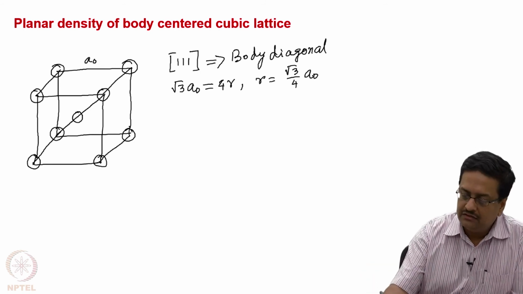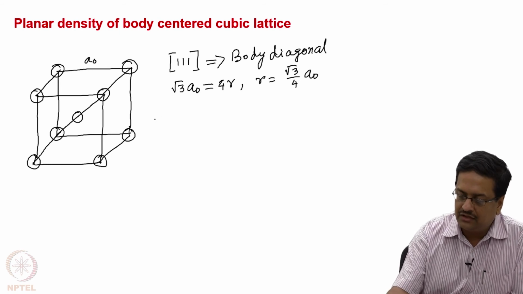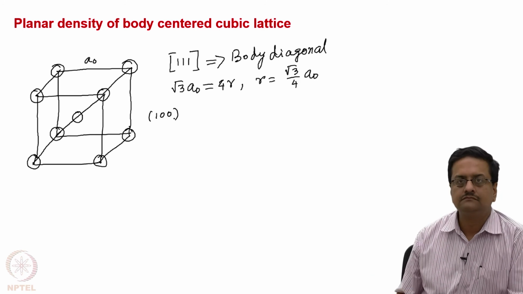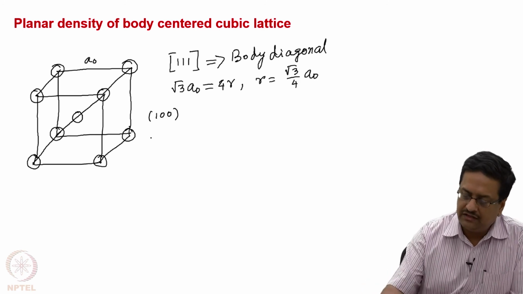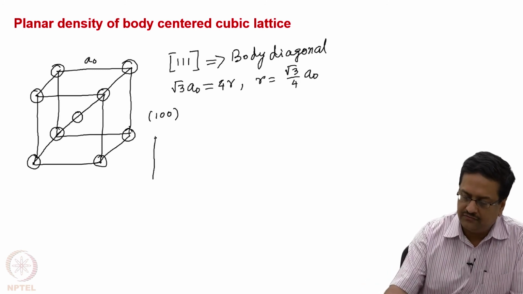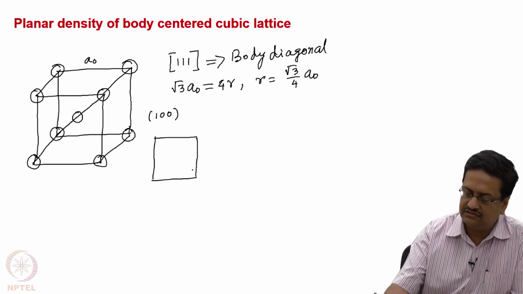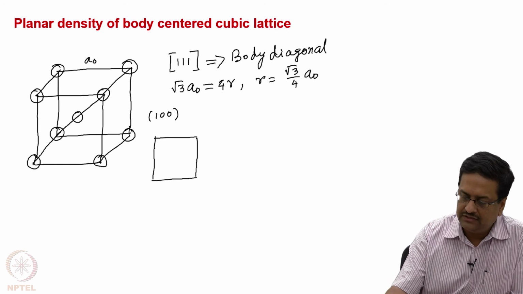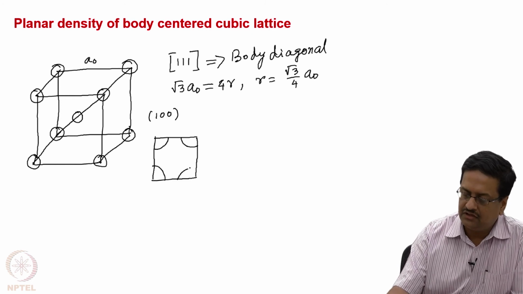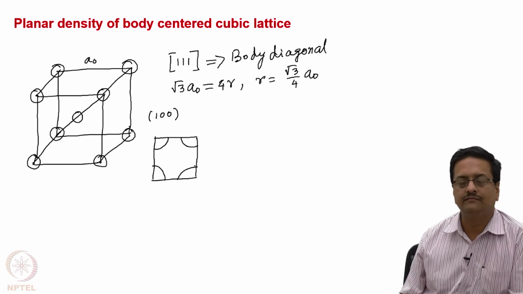let us start working out the 100 plane. The 100 plane is the face, one of those 6 faces of a cube, and remember, since the body diagonal is the close-pack direction, the atoms do not touch along the face.